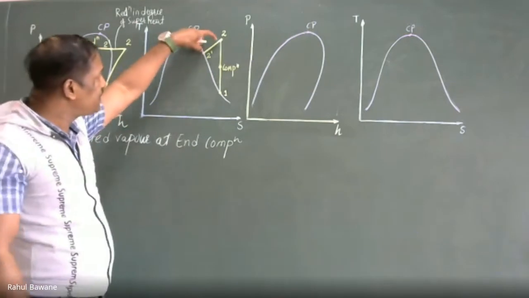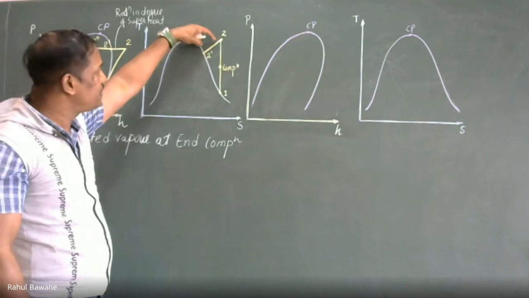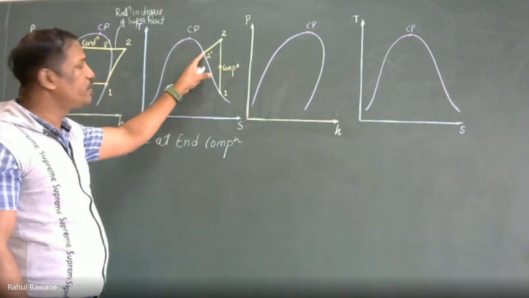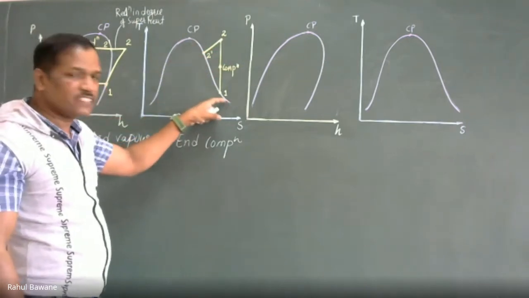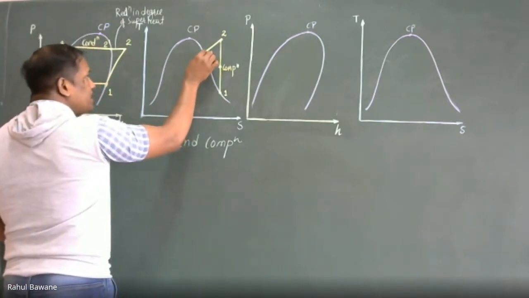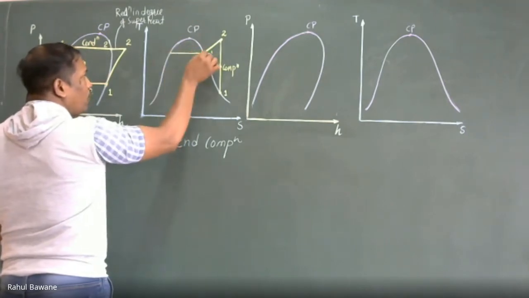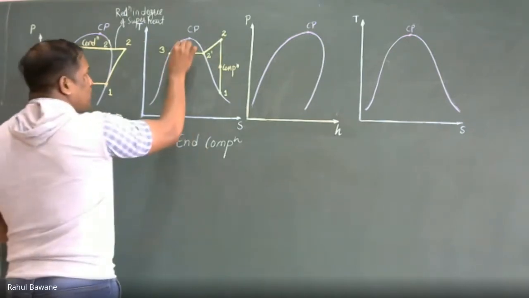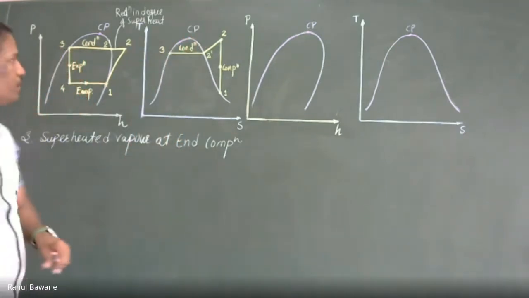So first I decrease the degree of superheat. During this, I extract sensible heat, so temperature is reduced. Then when it reaches dry saturated vapor, I extract latent heat, so phase change occurs and it converts into liquid form. After condensation it reaches saturated liquid, point 3.